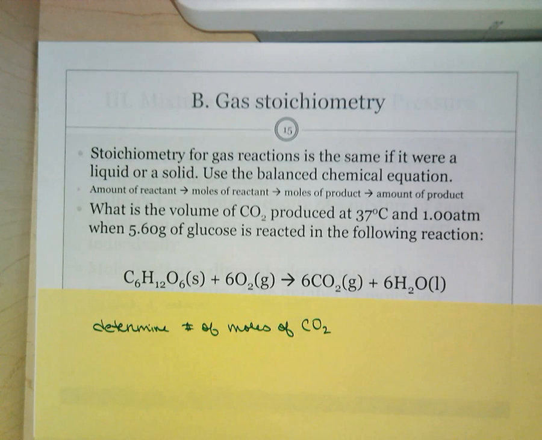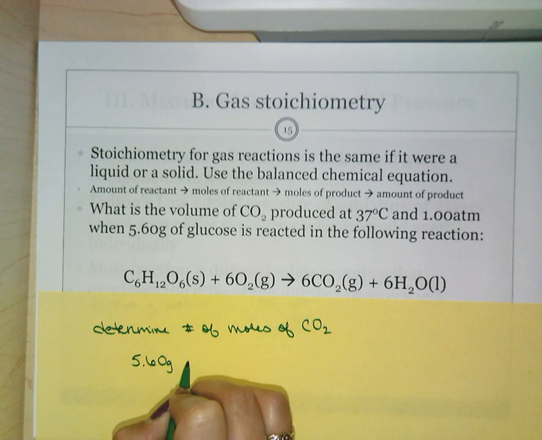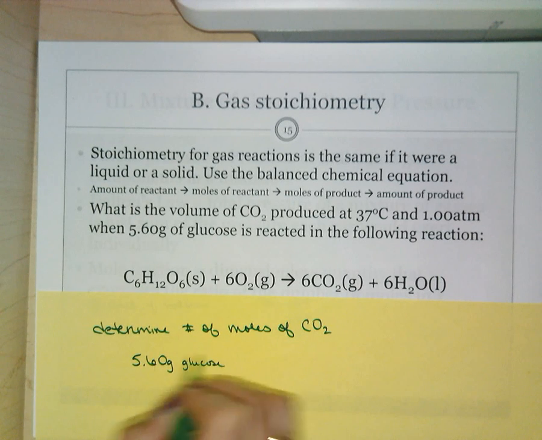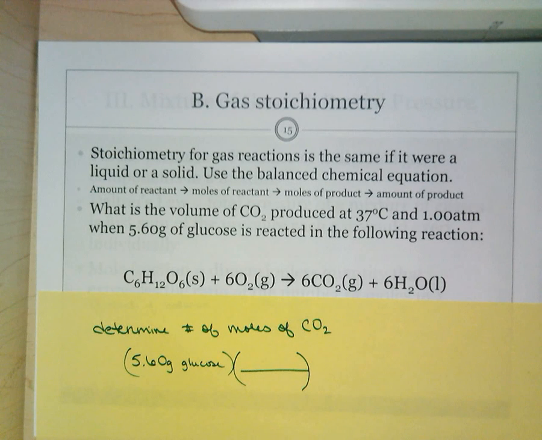So we need to figure out the number of moles of carbon dioxide. So we know we have 5.60 grams glucose. In the end, I want to be in moles of oxygen.